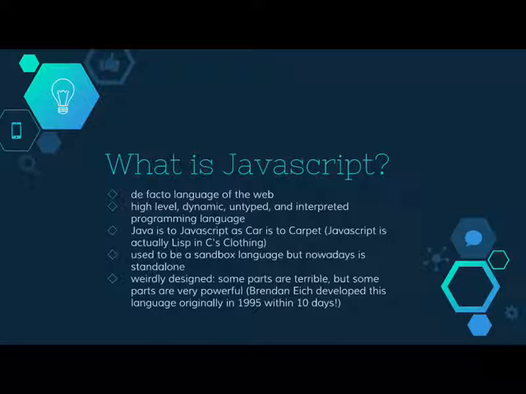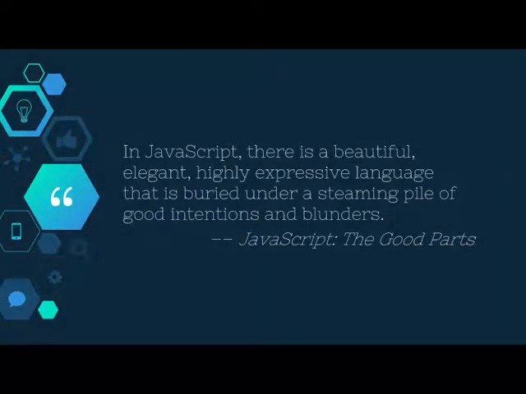And this guy, originally at Mozilla, developed the first version of the JavaScript language in 1995 within only 10 days. So it was a little bit rushed compared to other languages like C or Java. So some parts of the language have some design issues.